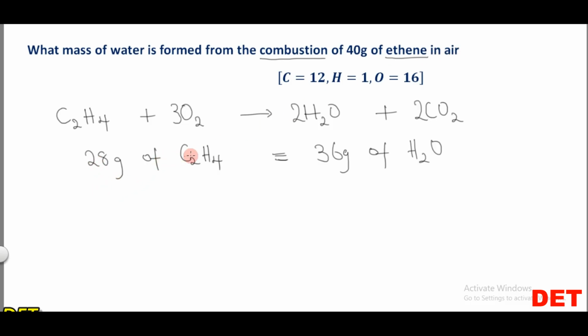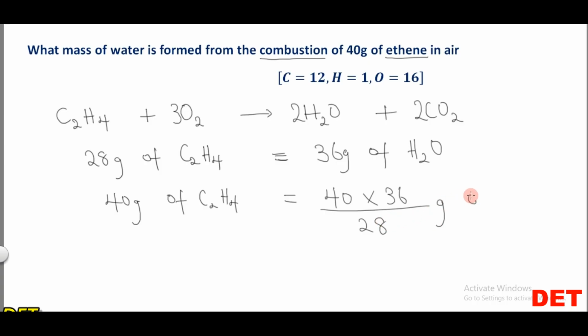So if 28 grams of ethene gave us 36 grams of water, then 40 grams of ethene, C2H4, would give us 40 times 36 divided by 28 grams of water.